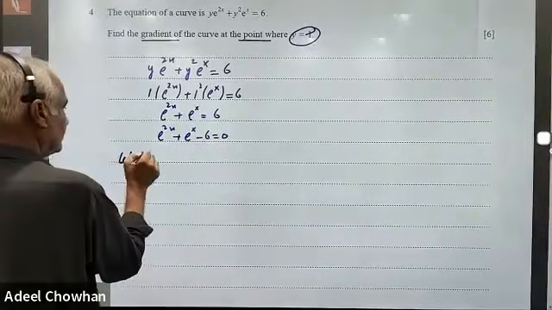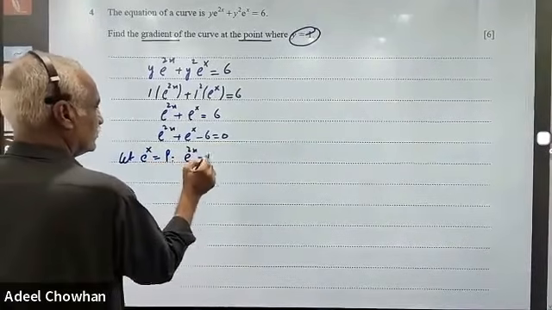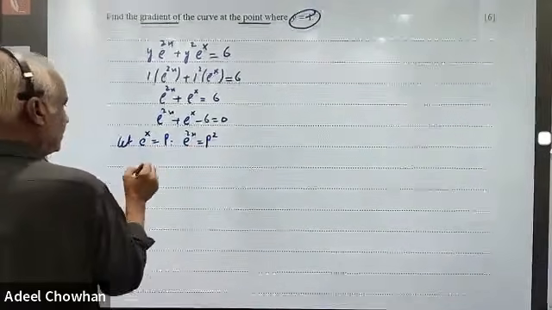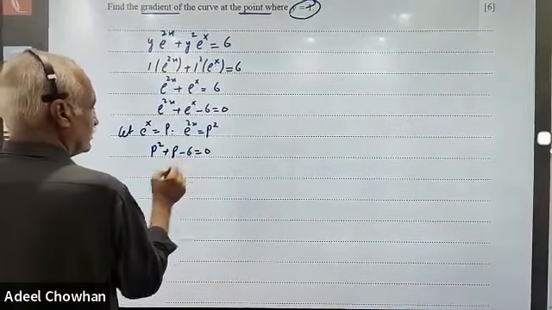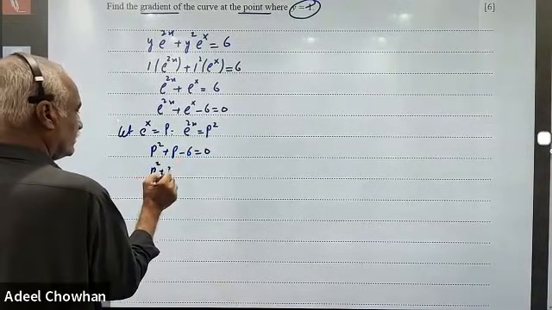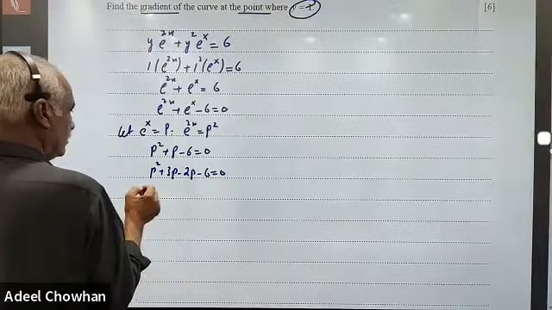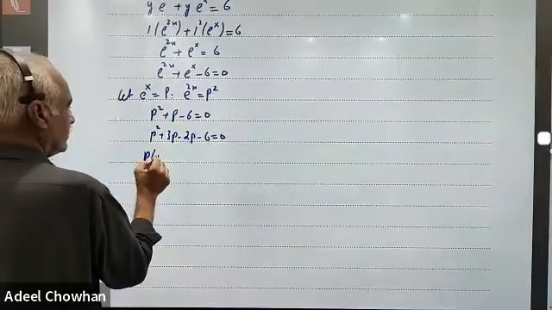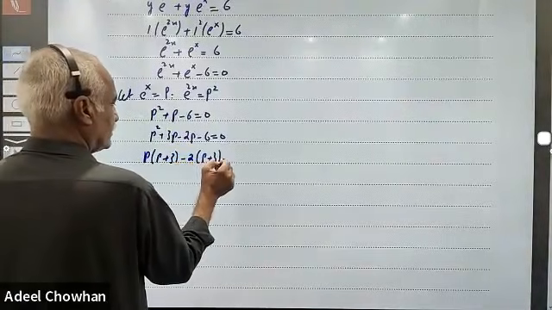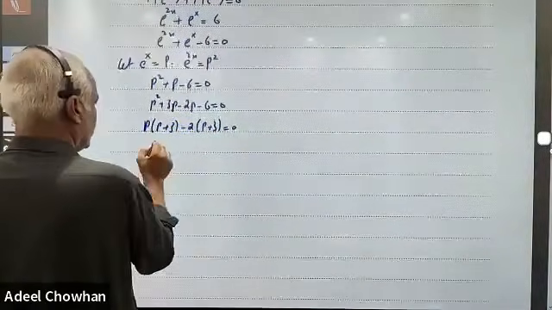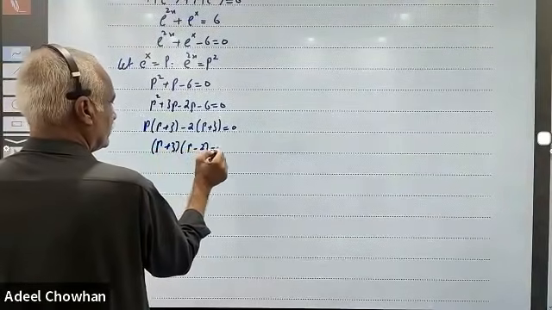So let e power x be p, then e power 2x is p square. So p square plus p minus 6 is equal to 0, or p square plus 3p minus 2p minus 6 is equal to 0, or p plus 3 into p minus 2 is equal to 0.